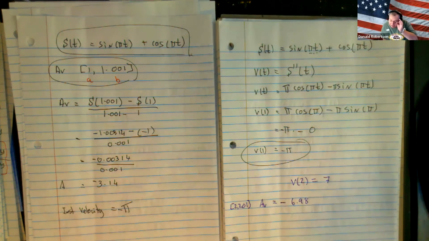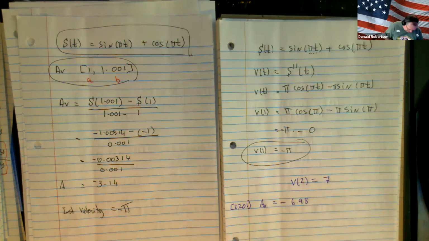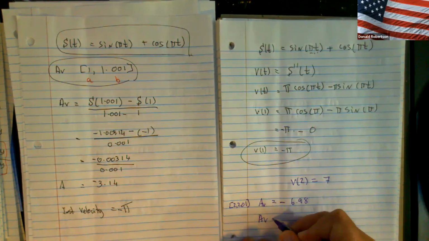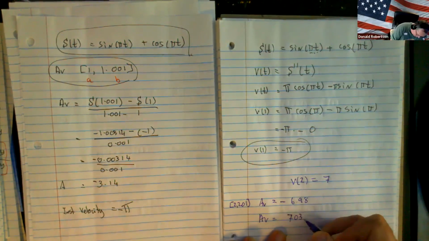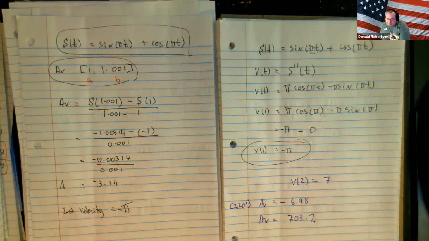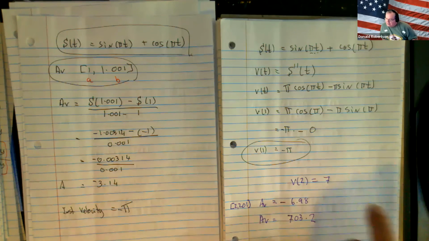Wouldn't that be an indication that you got your sign wrong? And you may want to figure out why it's negative when it clearly should be positive. If I did an average function and I thought the answer was 703.2, wouldn't that probably be an indication that I got something wrong with my divisions? Right? It's far too big.